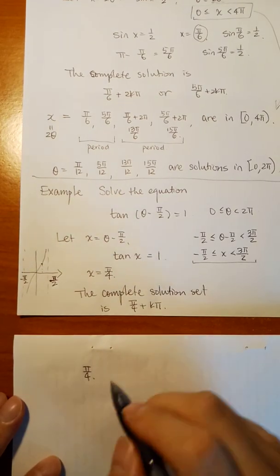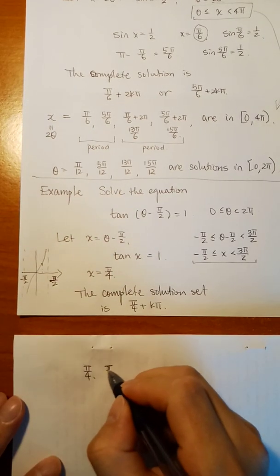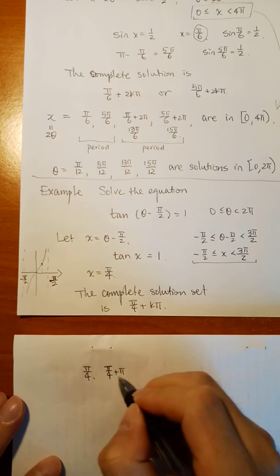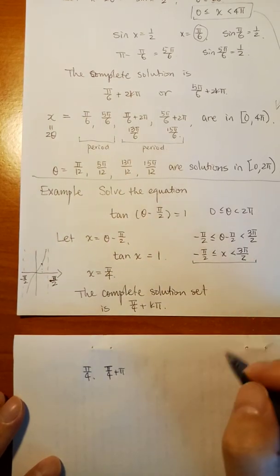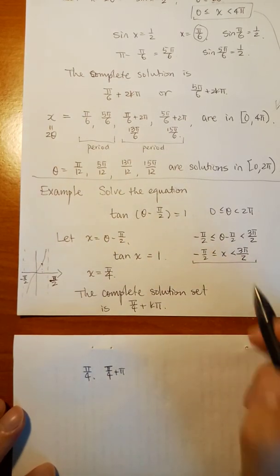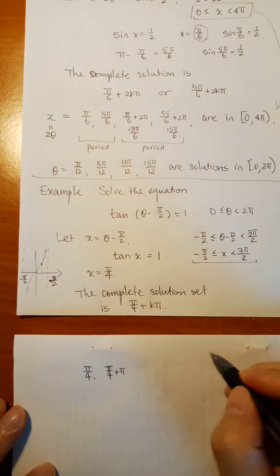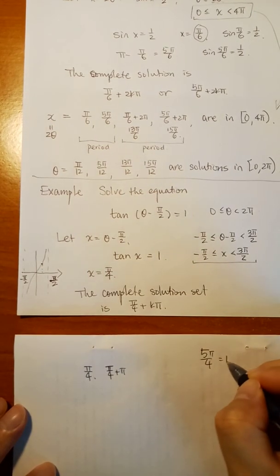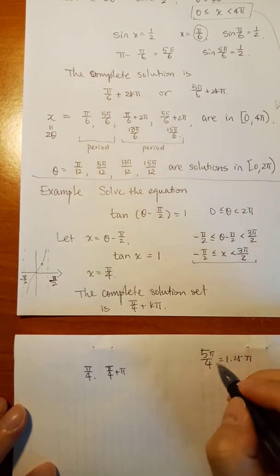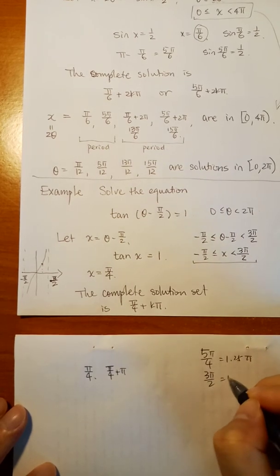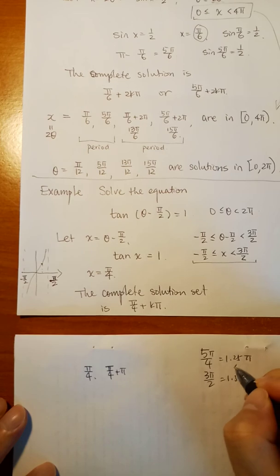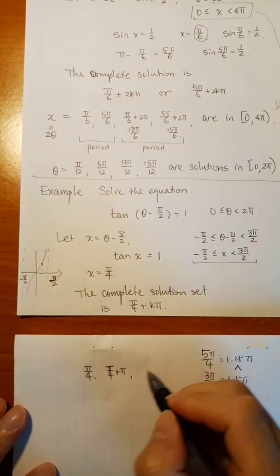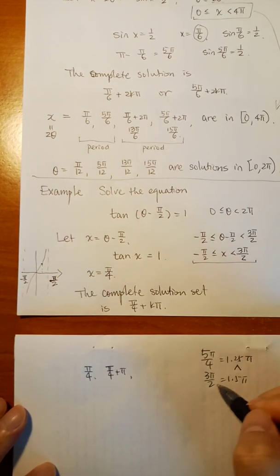Pi over 4 plus pi, you get 5 pi over 4. 5 pi over 4 is less than 3 pi over 2. You see, 5 pi over 4 is 1.25 pi. 3 pi over 2 is 1.5 pi, so it's less than it. And if you add more, it will be greater than 3 pi over 2.